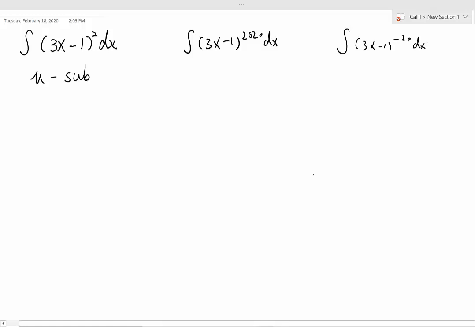If we can get the base to be something to any power, of course n is not -1, with respect to itself, u, we can still use the same formula we discussed: x to the nth power dx gives us x to the n plus 1, plus c.